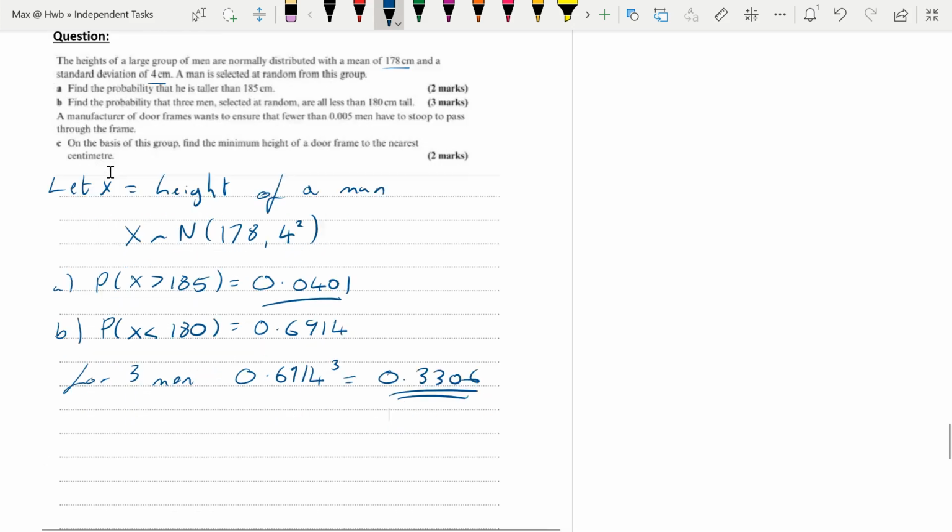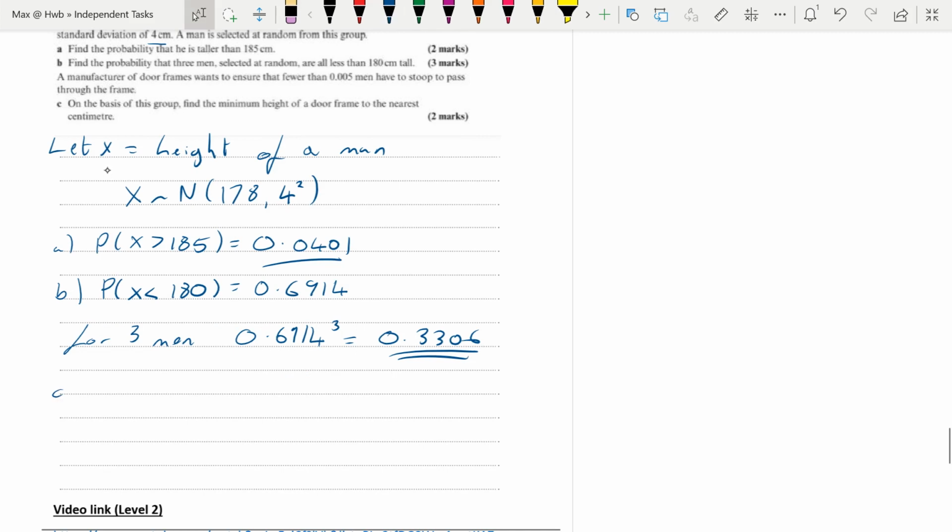Right, then we have part C, where we need to be a bit more careful with this one. A manufacturer of door frames wants to ensure that fewer than 0.005 of men have to stoop to pass through the frame. On the basis of this group, find the minimum height of the door frame to the nearest centimeter. Okay, so I'm looking at inverse normal here.